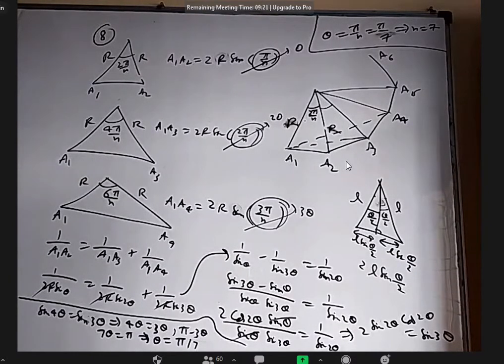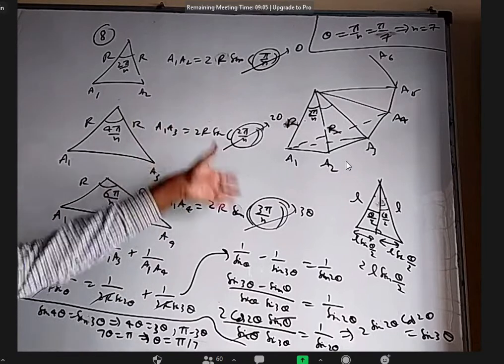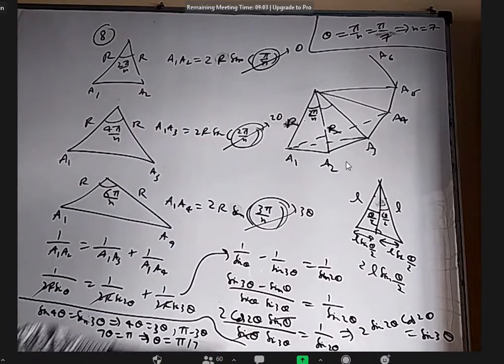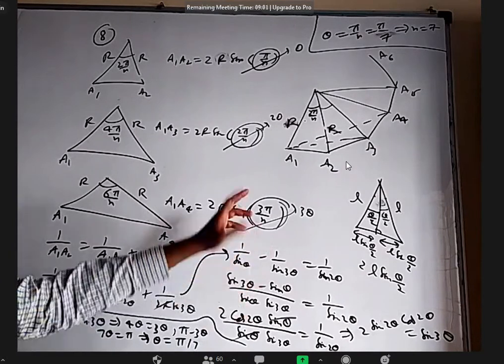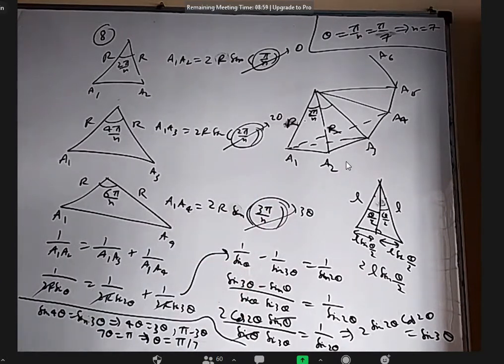This is a past IIT question given as an integer question only. Answer is 7. And when IIT was subject to, this question was also asked in reverse. They said it is already a septagon. Show that 1 by A1A2 is equal to 1 by A1A3 plus 1 by A1A4. That is a little easier because theta is already known. You don't have to find theta.